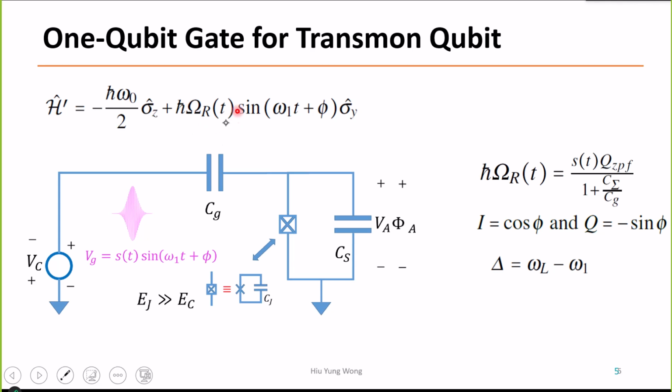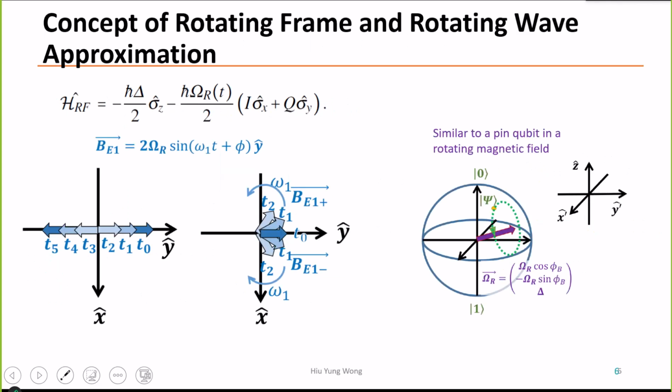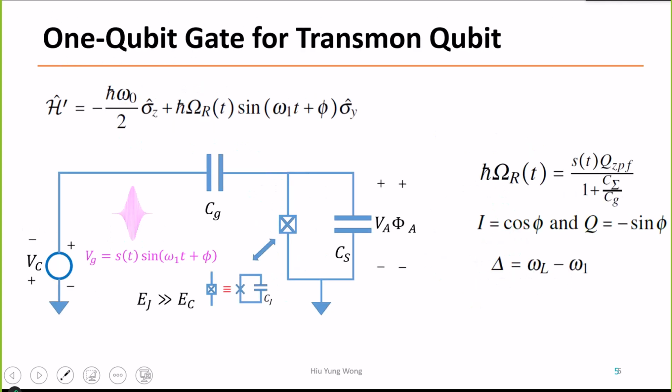Well, I did not repeat this last time, but if you go back to map this to your spin qubit, which we learned earlier, omega_R is the Rabi frequency, right? The frequency at which you flip the qubit from top to bottom, right? And we also want to emphasize that we define a quantity I equal to S cosine phi and Q equal to negative S sine phi.